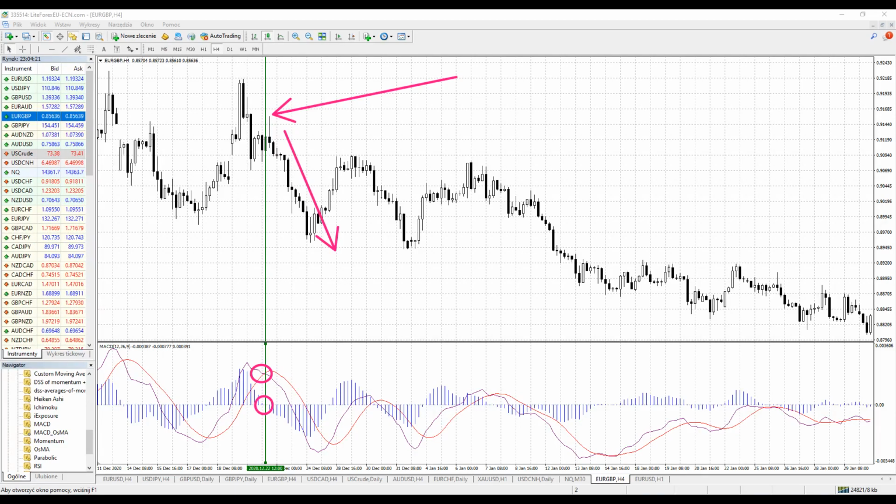Another cross we've seen when it comes to the lines is over here, and also before that we saw the move to the downside. As you can see, for a few candles over here, we had a stop count to the upside.